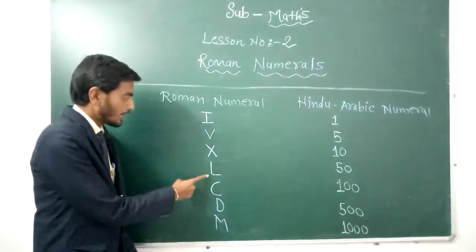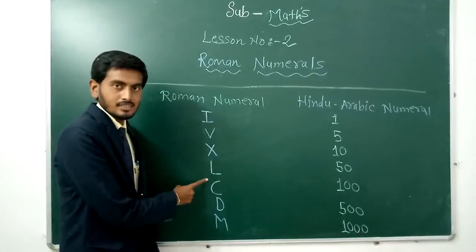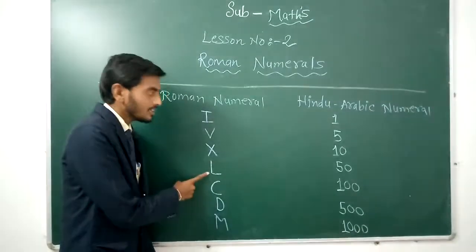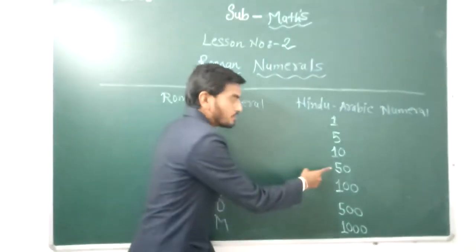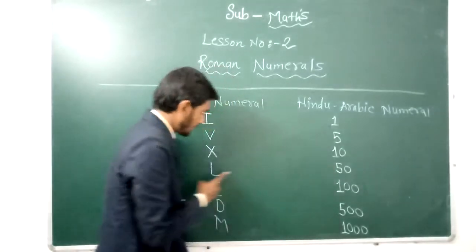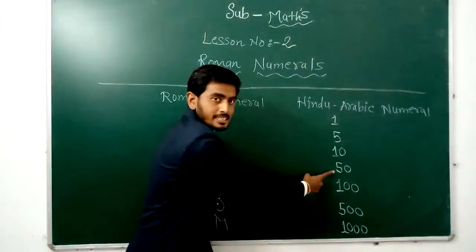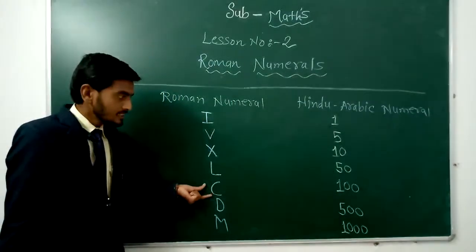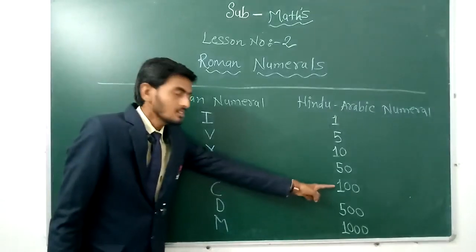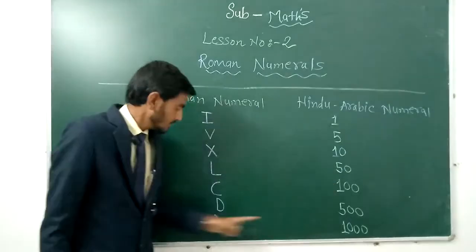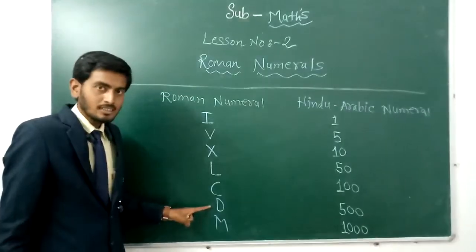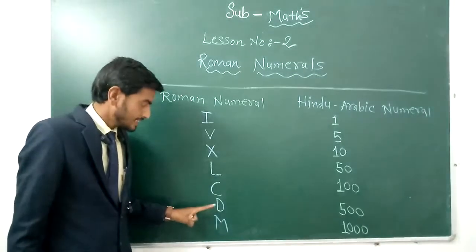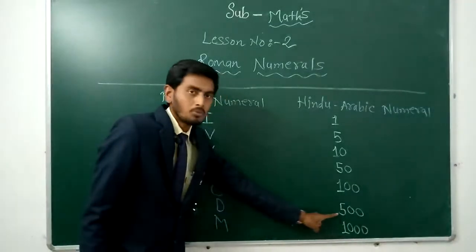Next one, capital letter L. Capital L represents 50. Next, capital C represents 100. Next, capital D represents 500.